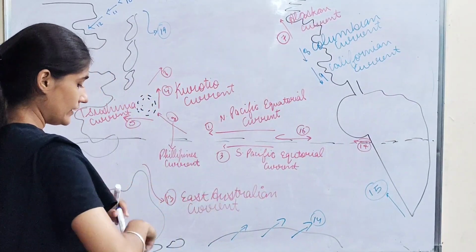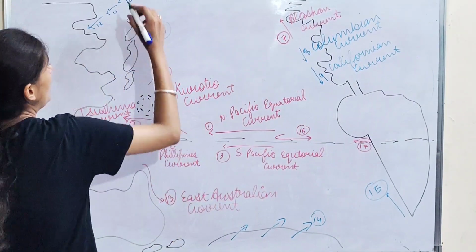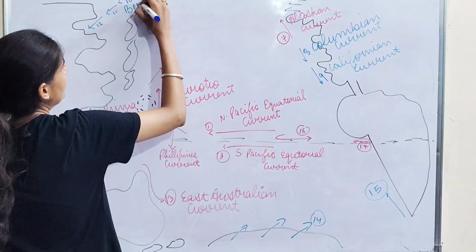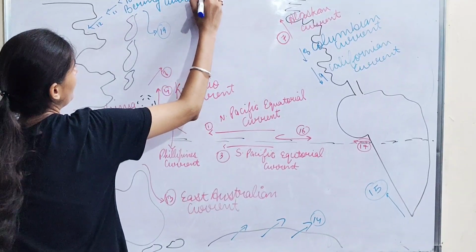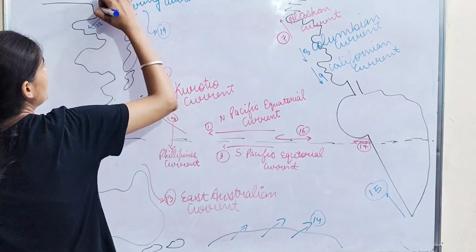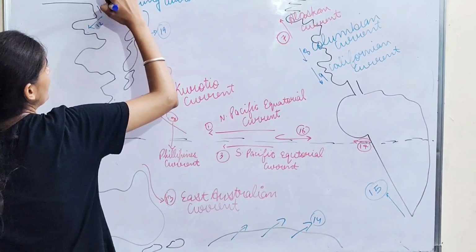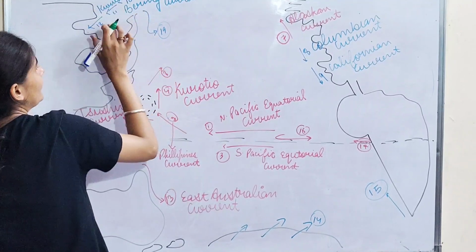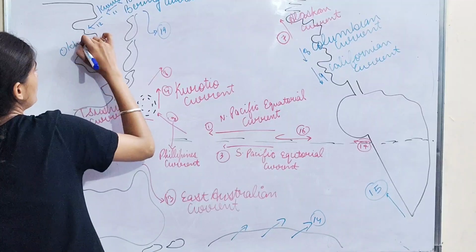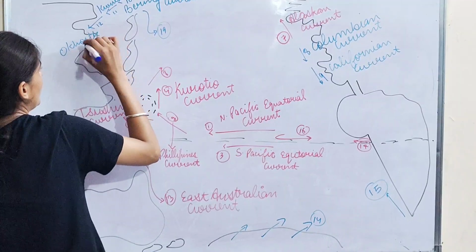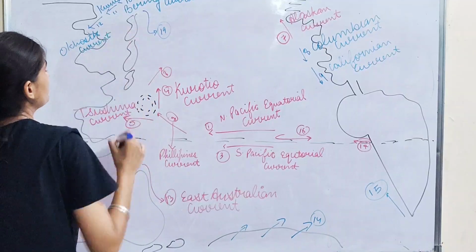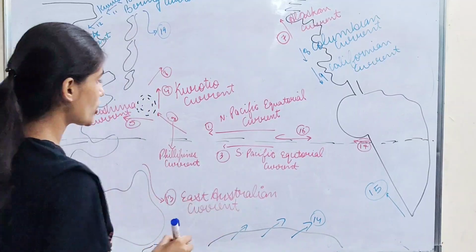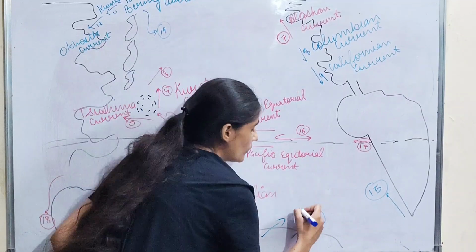Next we have Bering Current. 10th is Bering Current. 11th is Kuril Current. And 12th is a Coast Current. 13th we have done, East Australian Current. 14th is West Wind Drift.